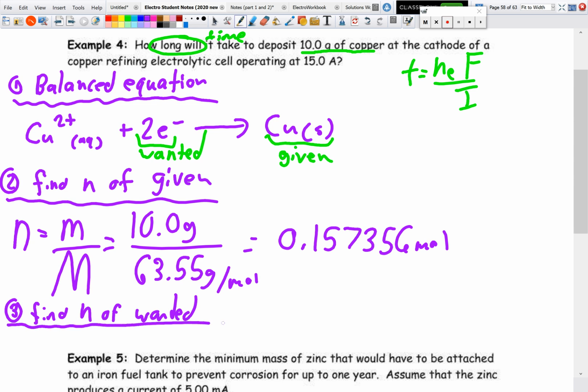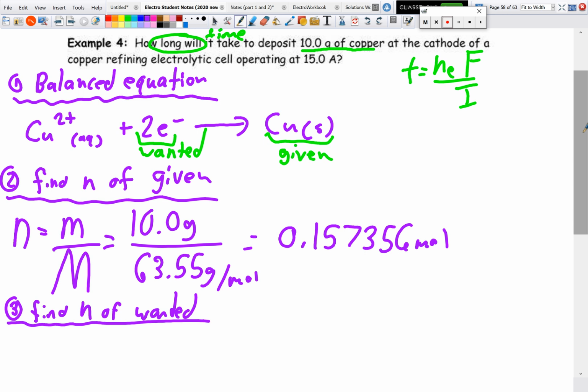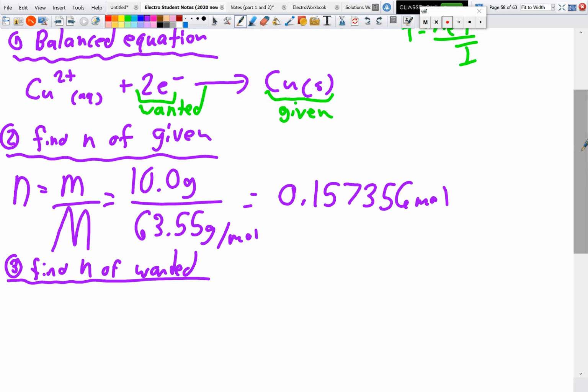Next step is we find the number of moles of our wanted using our mole ratio. To do that, I'm just going to scroll down a little bit here. In this case, it's the electrons we're looking for. The number of moles of electrons is going to equal the number of moles of copper times our mole ratio.